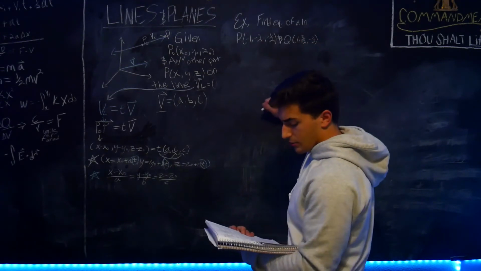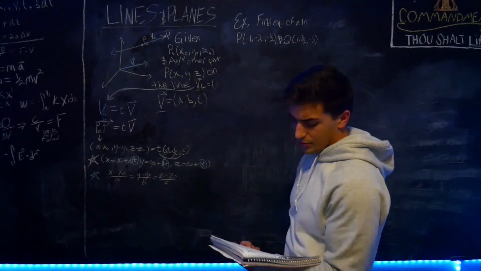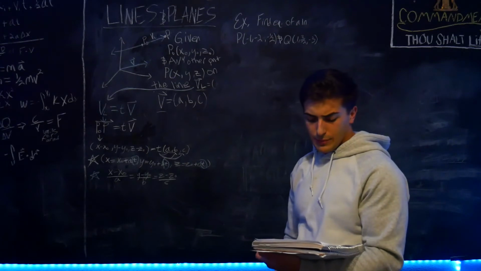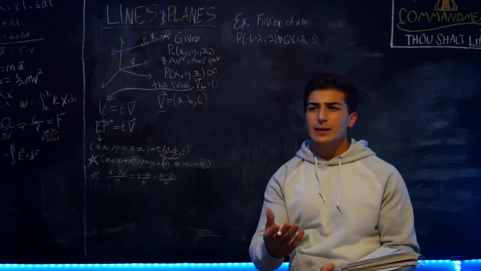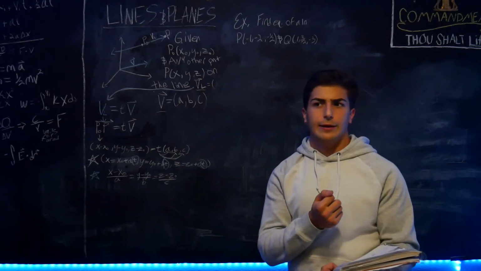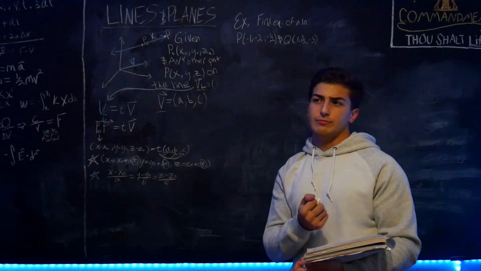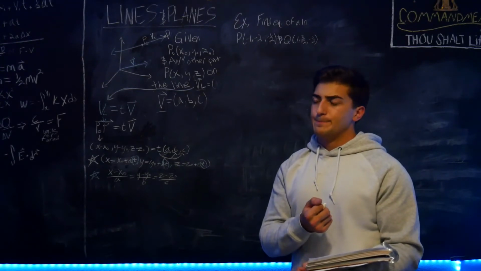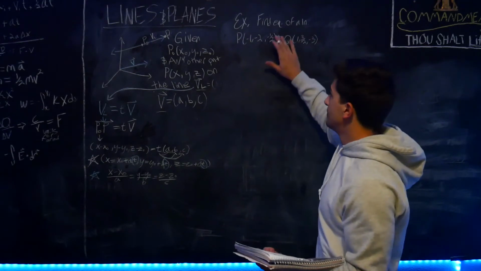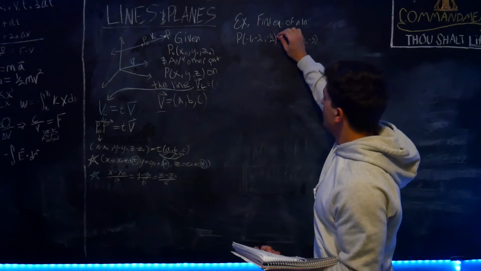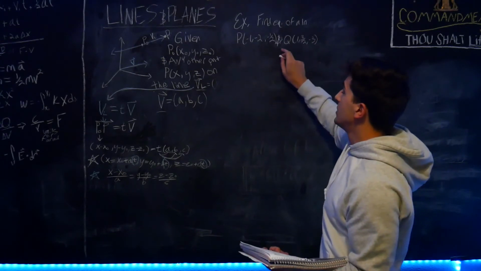So now you're like, oh well, we can't find an equation of a line, right? What do we need to find a unique line? A point and a direction vector. Well, how do you find it? We're going to do PQ.